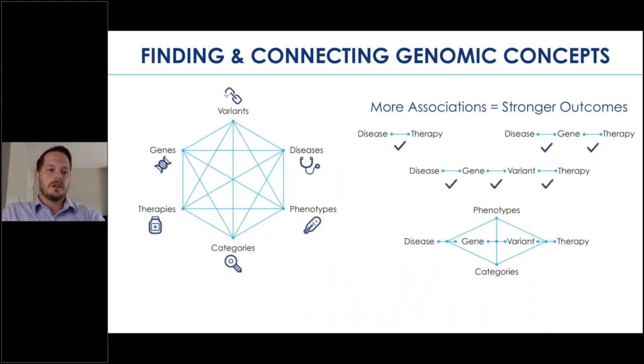So this is a nice schematic that Steve, who you'll hear from in a moment, devised to characterize what those associations are and to allow people to visualize how that can be valuable in their workflows. So let's start on the left there with the hexagon, with those nodes on the periphery being a reflection of any of those genomic concepts that would inform your workflow as you're interpreting variants.